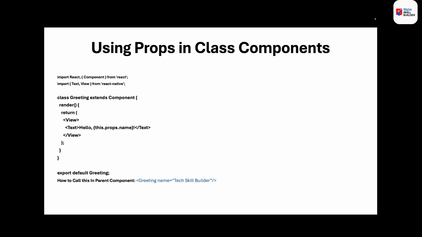In a function component you can directly use props.name, but in a class component, if you want to use props, you need to use this.props.name. This is the way you access that particular value from the parent component in the child component.